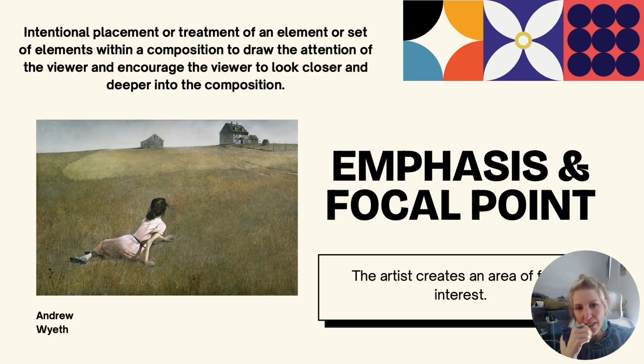So if we look at this painting by Andrew Wyeth, I wonder what you see as the area of focal interest that has been emphasized as our focal point, and how that's allowing our eyes to move throughout the composition. To me, the woman in the pink dress stands out as the area of emphasis or focal point, partly because of its placement, partly because of the color shift in the pink dress.